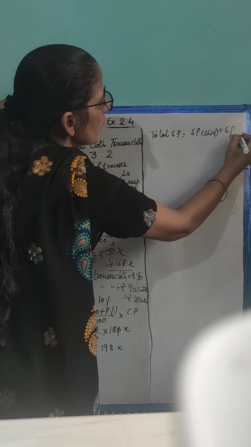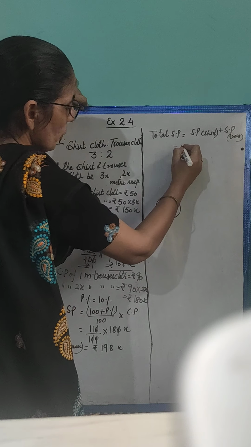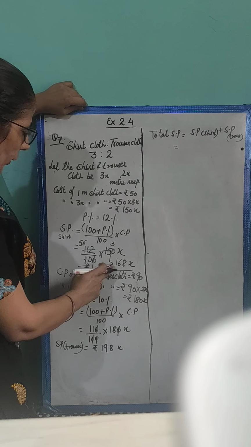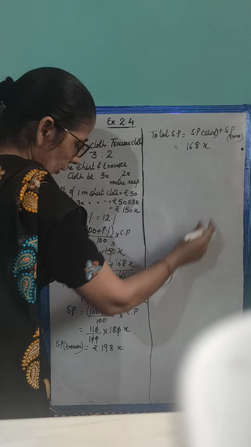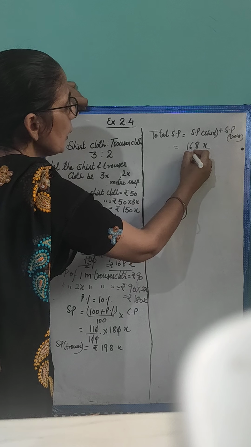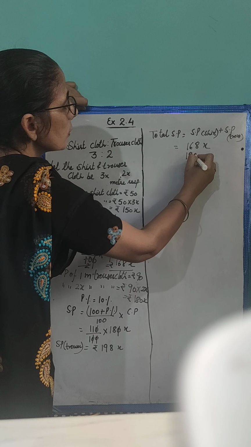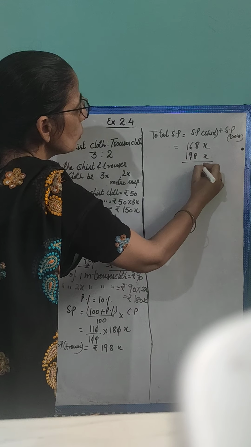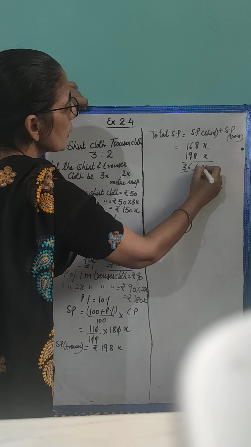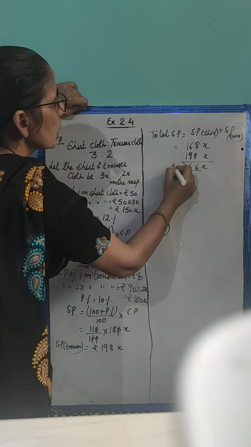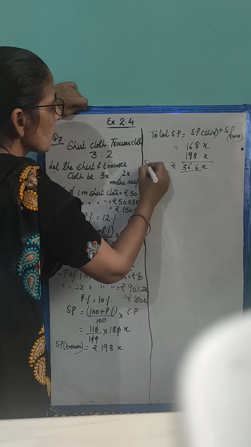So let's get it. SP of shirt, what have we got here? 168x and it is 198x. Adding these two, 8 and 8, 16, 6, this, 366x. This is total SP.